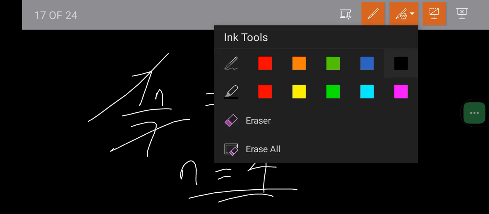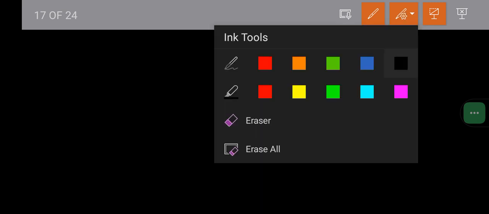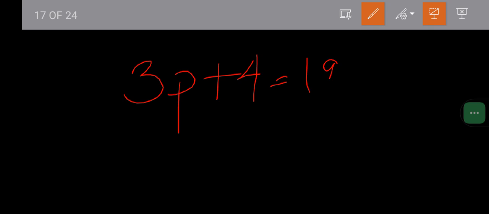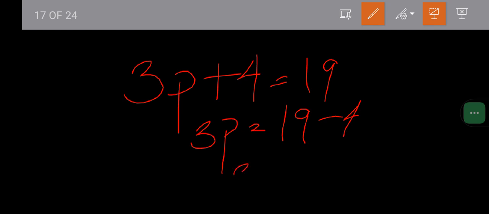The last one says 3p plus 4 equals 19. So 3p equals 19 minus 4, and 3p will be equal to 15.